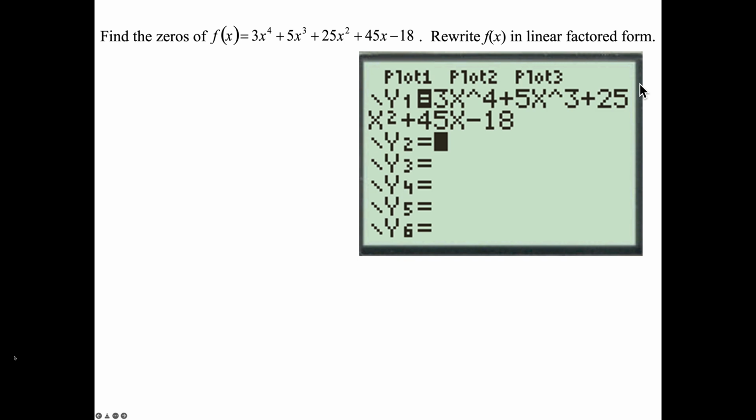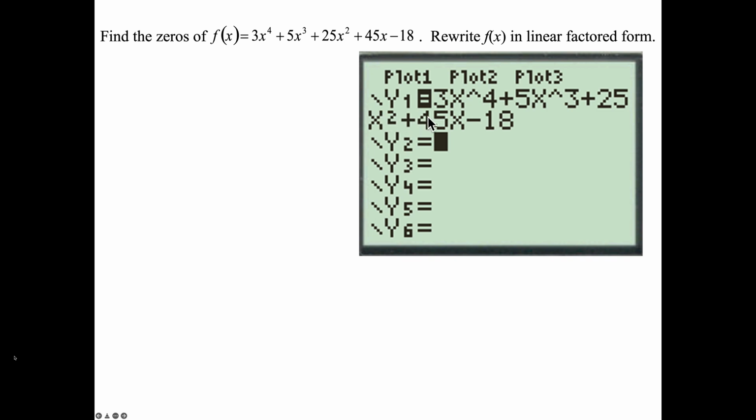So we may have to adjust our window once you graph. However, because there's a 3 here, you might have your answers from 18 divided by 3, from negative 6 to positive 6. So once you have this typed in, and we're still on our Zoom 6 standard window, we'll go ahead and graph it. We're looking for 4 x-intercepts.